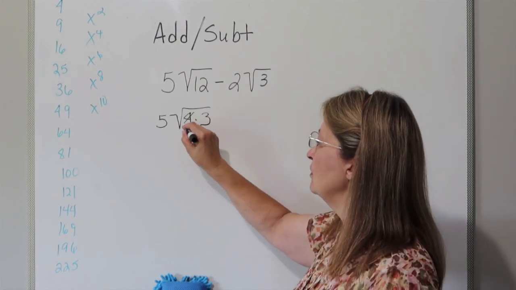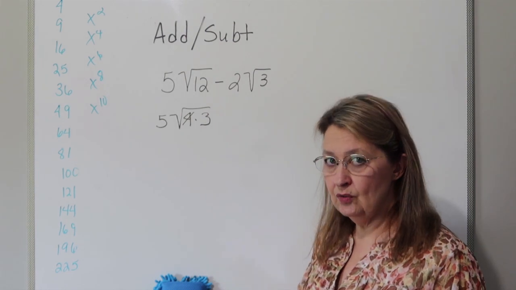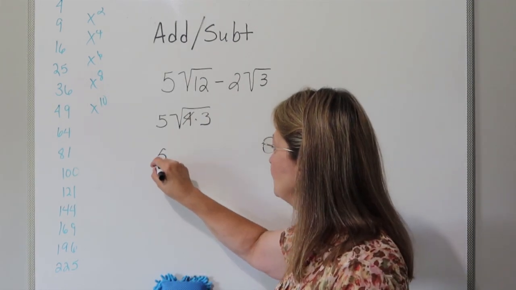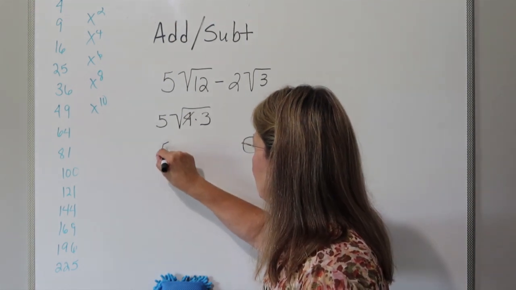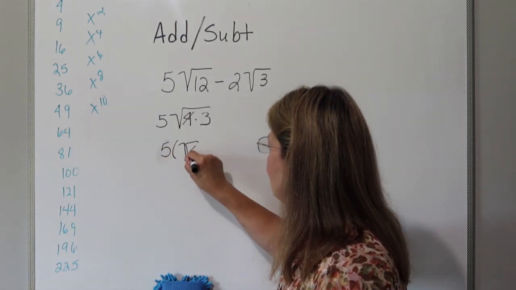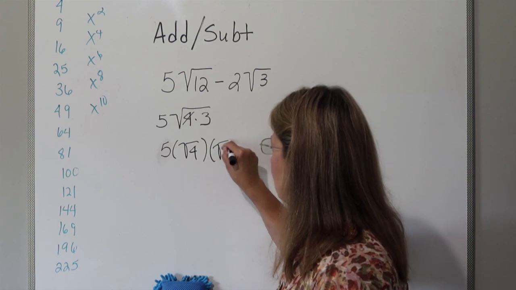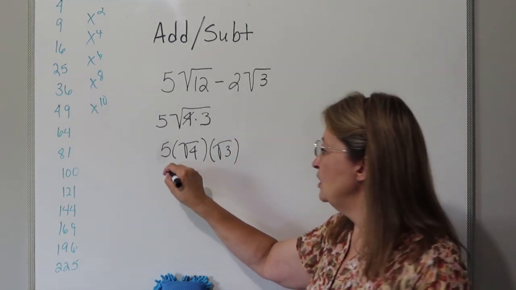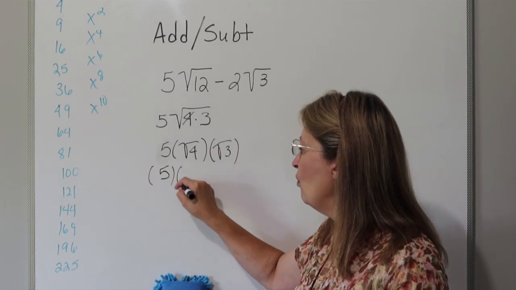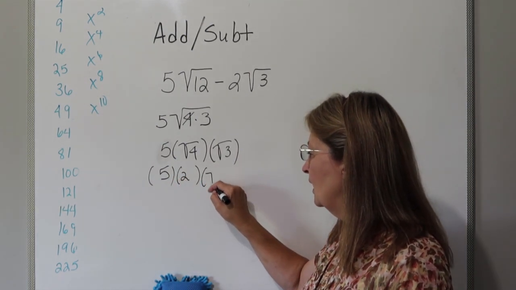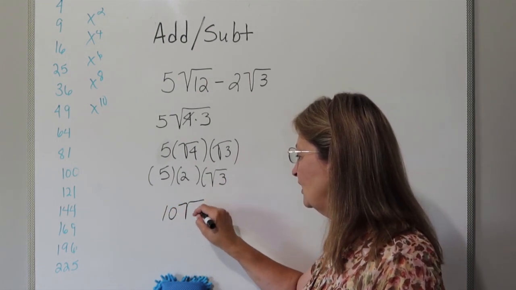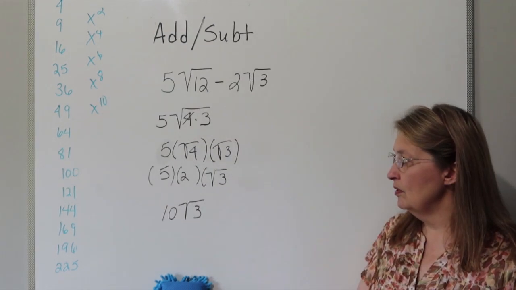I want factors that are perfect squares. Now what is the square root of 4? 2. When you pull that 2 out, it becomes a factor, so simplified, you're going to have 10 square root of 3.